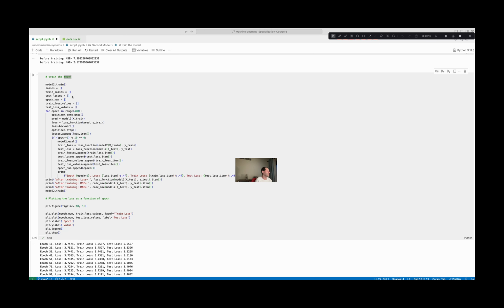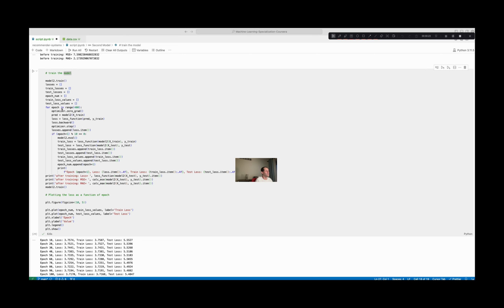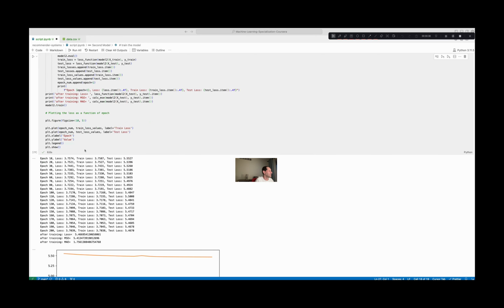But for the second model, I did a very similar approach of going through a bunch of epochs: forward pass, calculate the loss, backward pass, and then optimizer step.